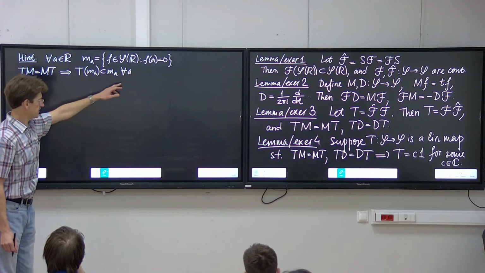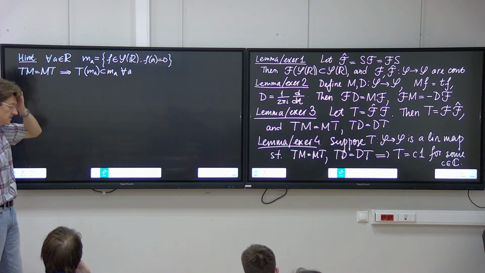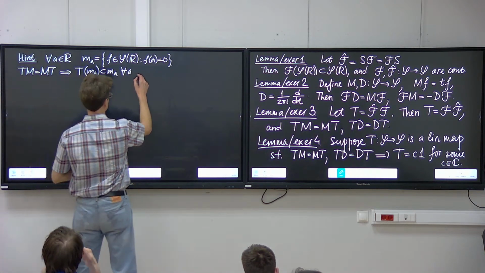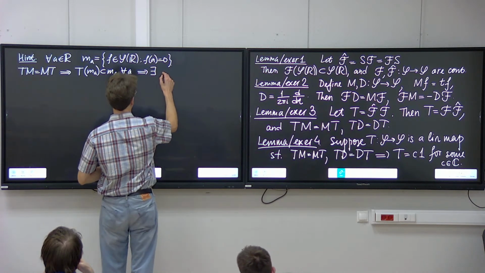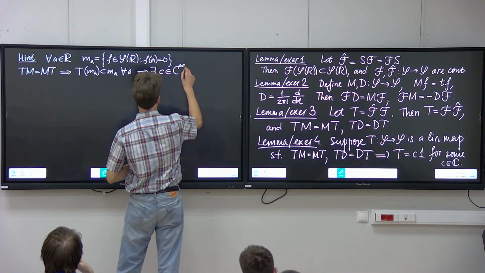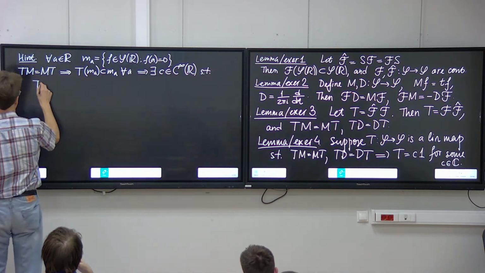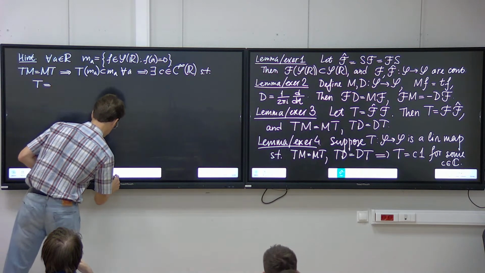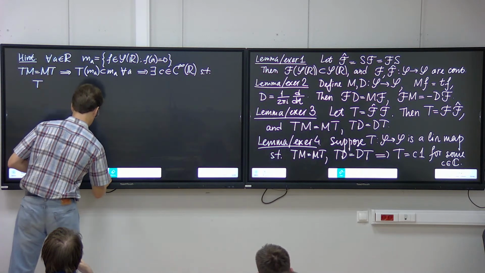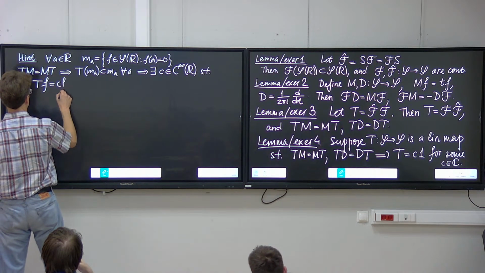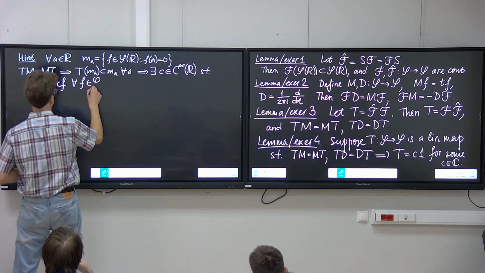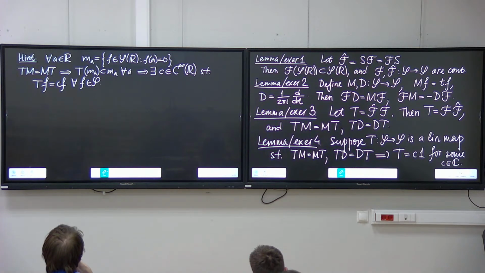And this property in turn implies that T is actually the multiplication by a smooth function. There is a smooth function C on the real line such that T is the multiplication by C. How it immediately follows? I don't say this immediately. This is a little exercise for you. This is not very hard.